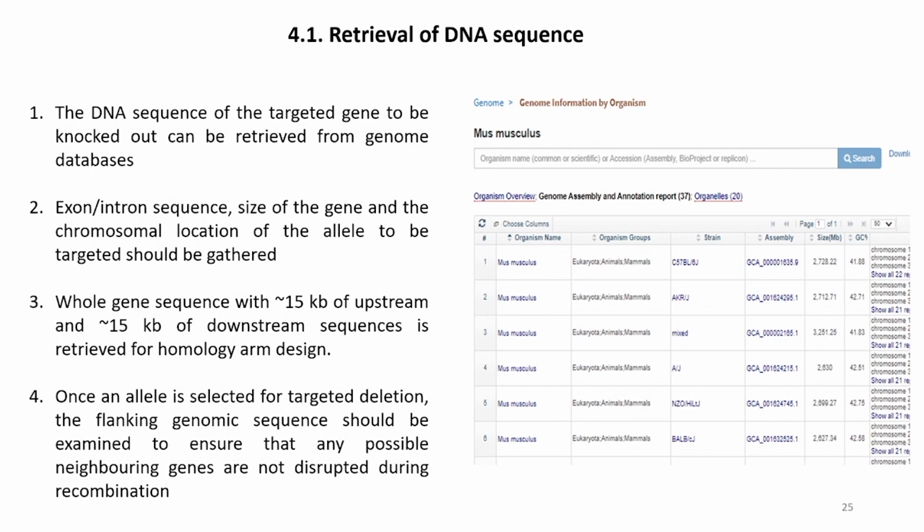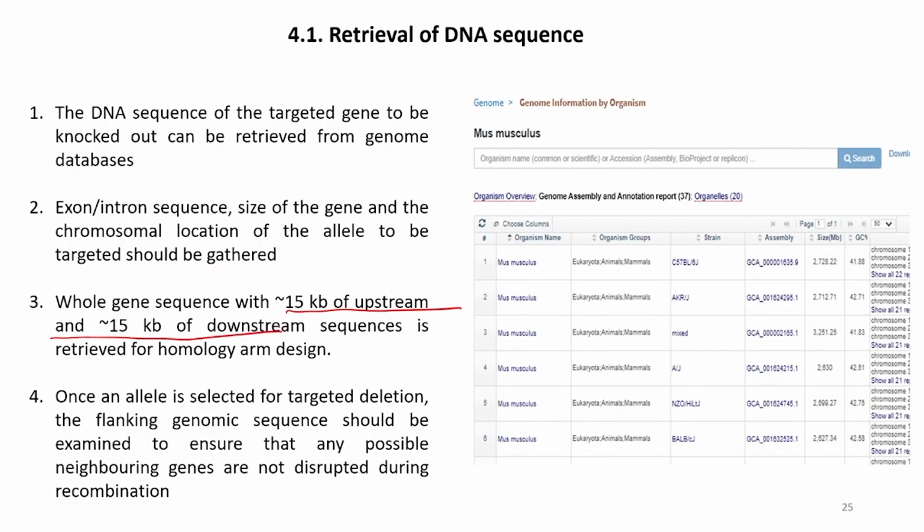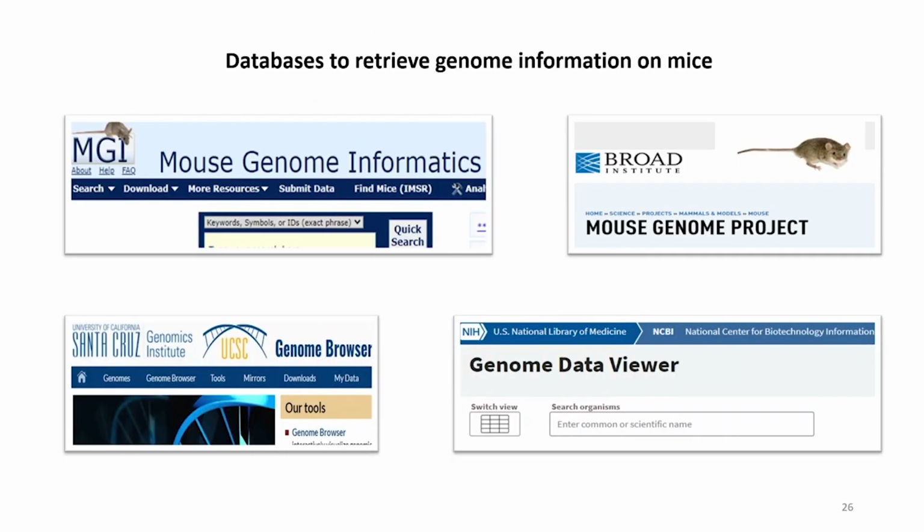So, for example, here we have the Mus musculus database in which we may try to find out a target gene, and while doing so we need to make sure that we get the complete information about the location of the gene in the particular chromosome and the genetic sequence of the particular gene and 15 kb of upstream and 15 kb of downstream sequence, which will help us in designing the two flanking homology arms.